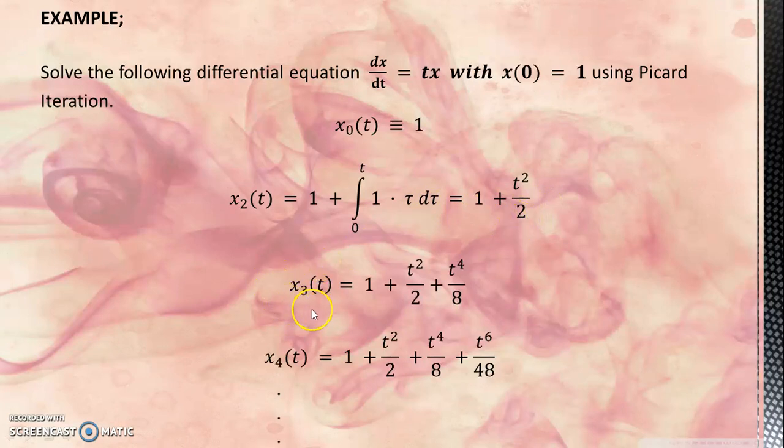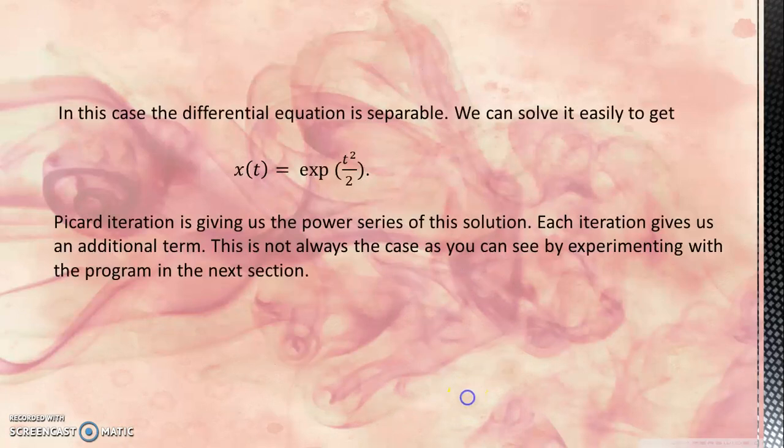And x3(t) equals 1 plus t squared over 2 plus t4 over 8. X4(t) equals 1 plus t squared over 2 plus t4 over 8 plus t6 over 48.